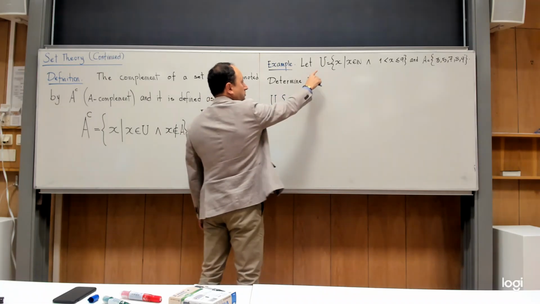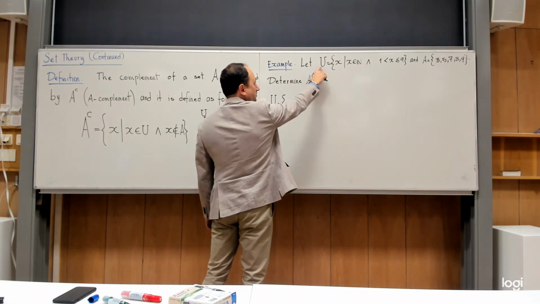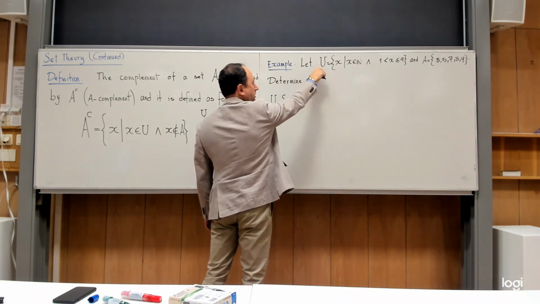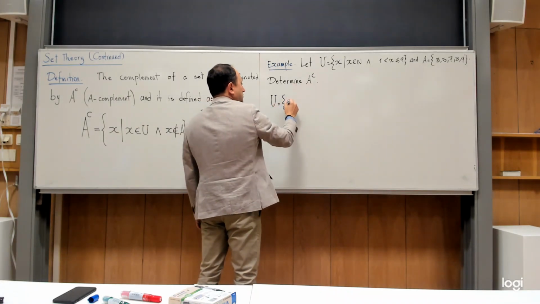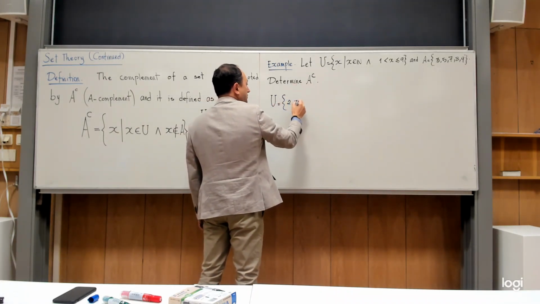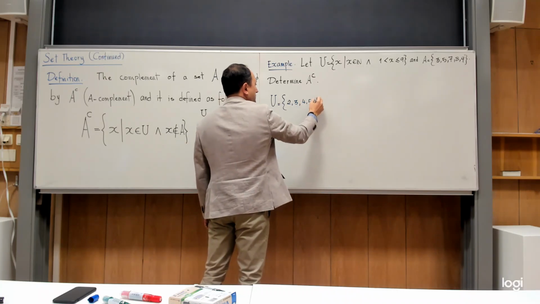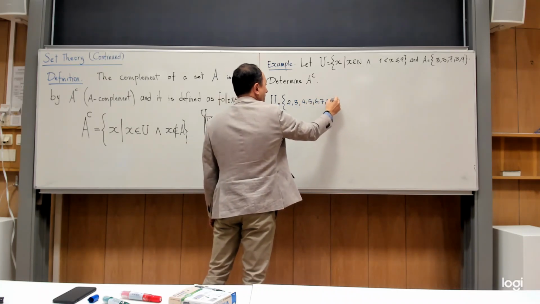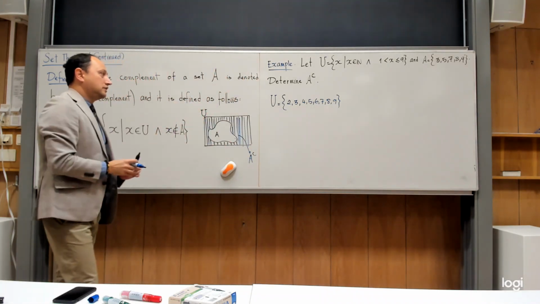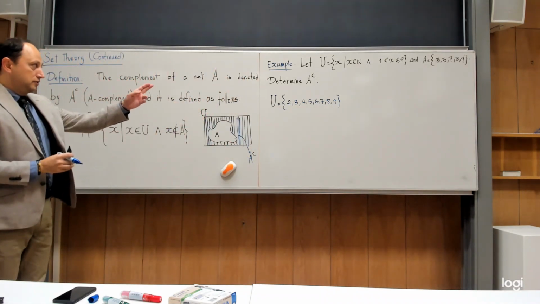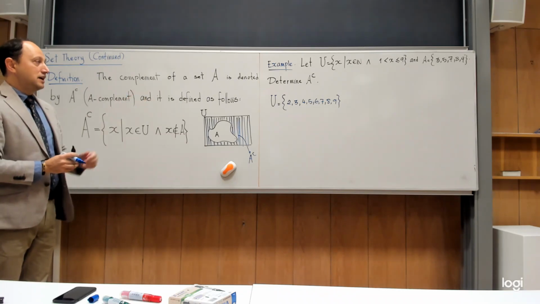By the way, I haven't mentioned that in this context, I'm always using this capital U for the universal set. Here the universal set is not that big, it's actually very small. It contains 1, 2, 3, 4, 5, 6, 7, 8 elements.